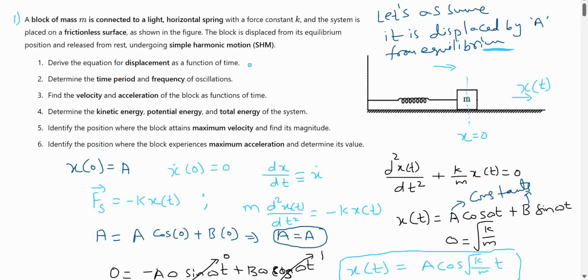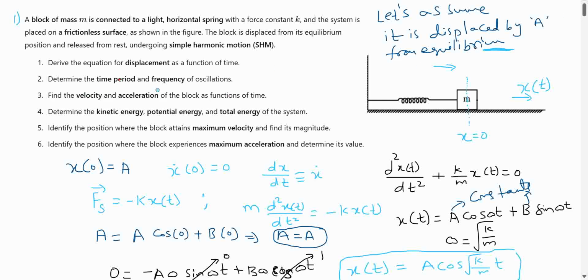Suppose if it is displaced initially by 2 centimeters, then A will be 0.02 in SI units. Always be mindful about units. If it's given in centimeters, convert into meters.